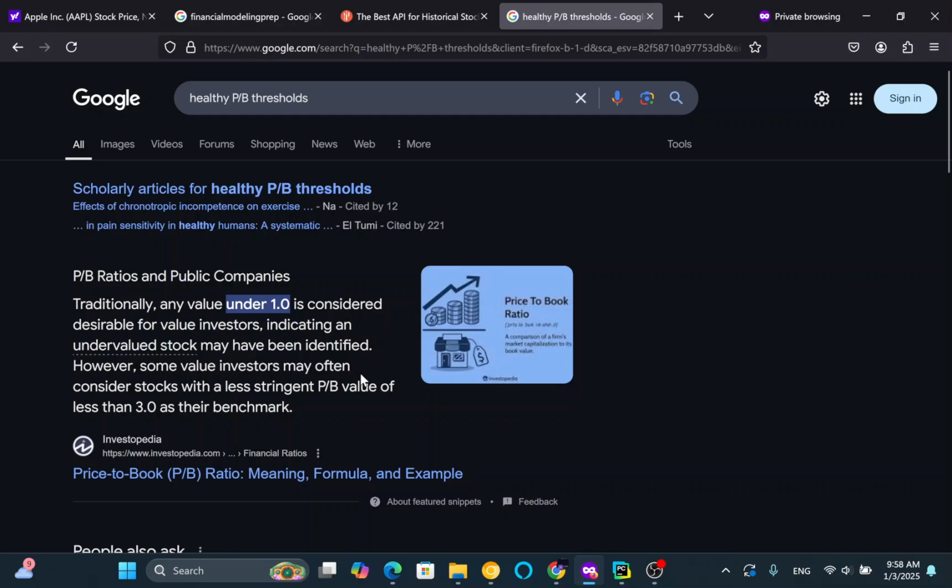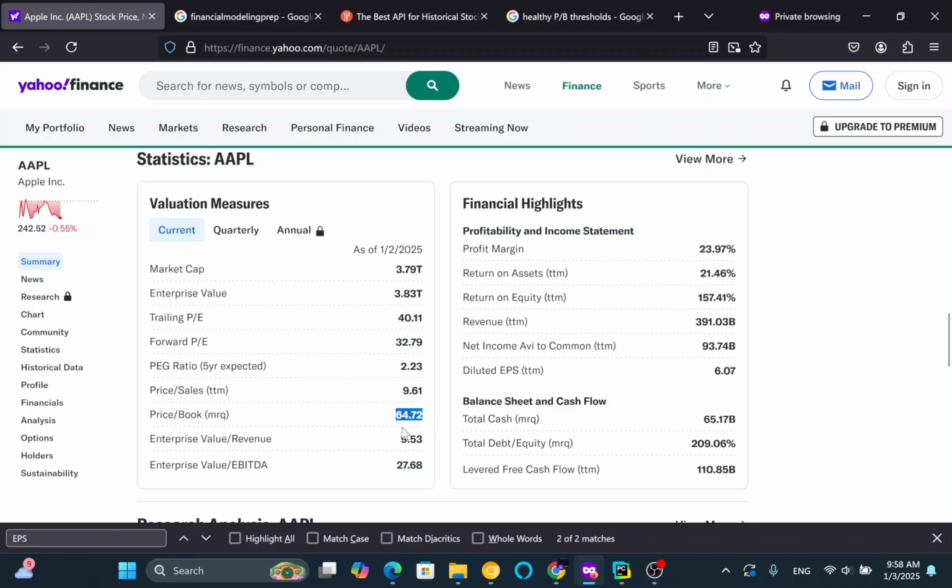However, some value investors might consider a stock with a less strong PB value of less than 3 as their benchmark. For Apple, we can see that we have 64, which makes it far away from being undervalued.